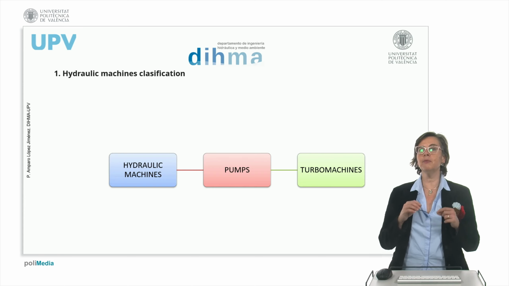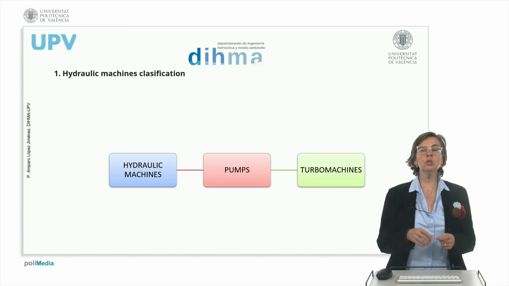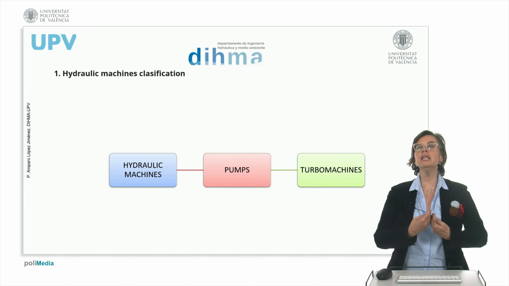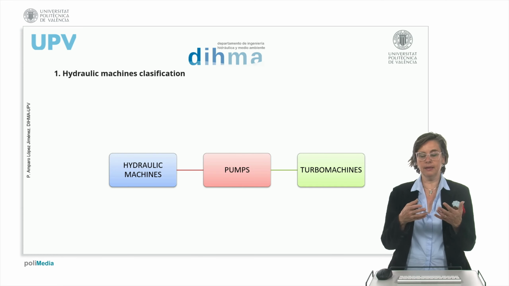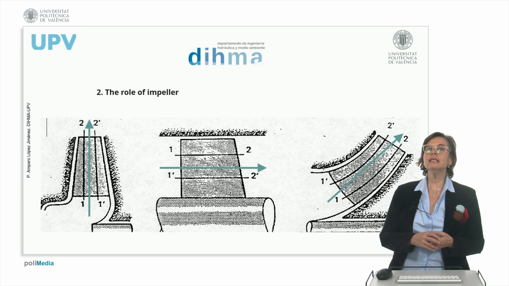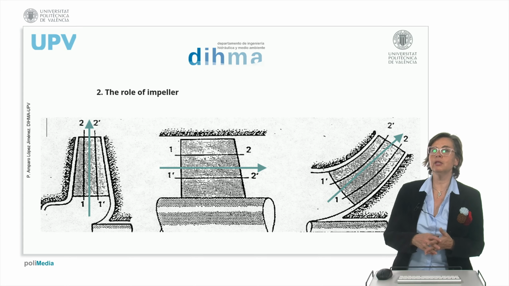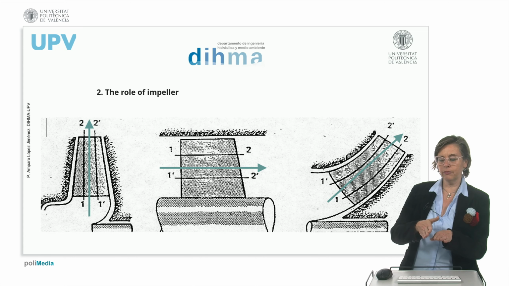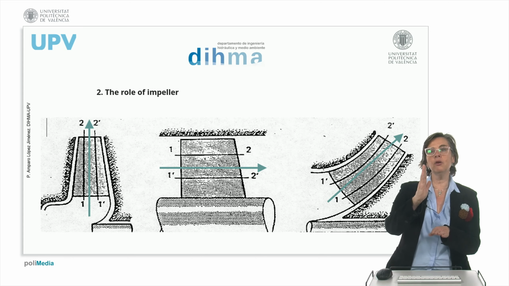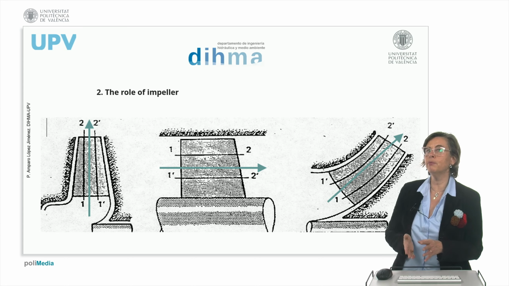We are speaking about machines that use an impeller to give motion to the flow and then give head. So the impeller is so important that the relationship with the direction of the flow coming inside the machine and going outside the machine is very important.